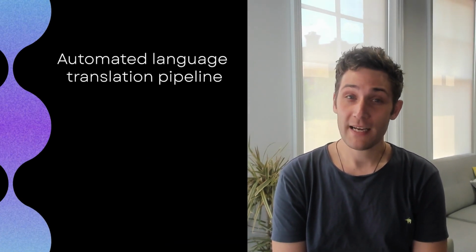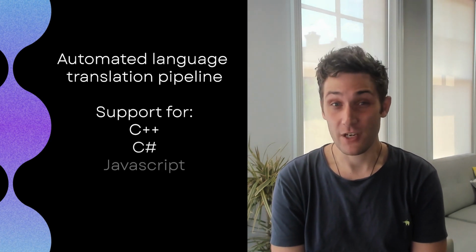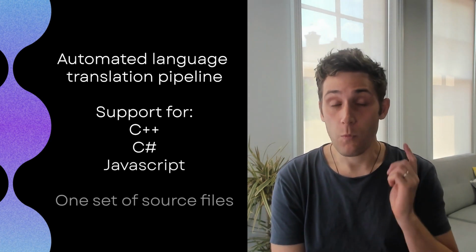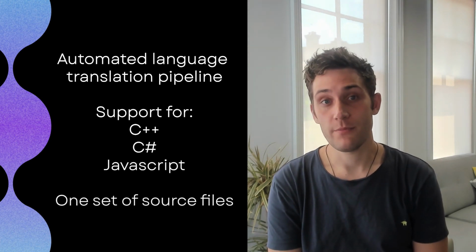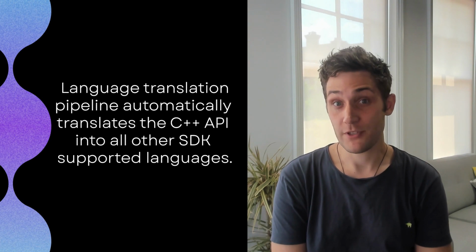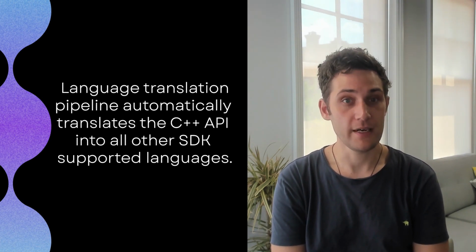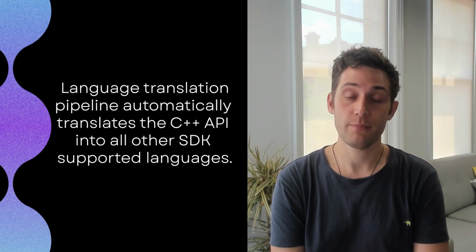In the code base, it isn't just the source code for the library, but also an automated language translation pipeline. And we support C++, C#, and JavaScript. There is one set of source files for the library. And the language translation pipeline, or as we call it, the wrapper generator, automatically takes care of translating that C++ API into all the other languages that we support.